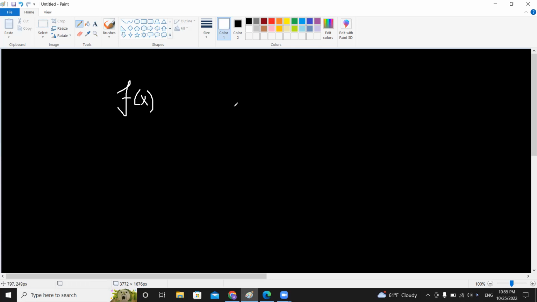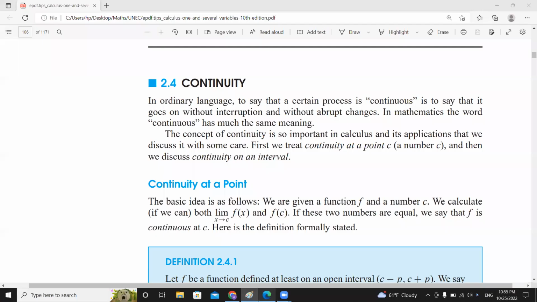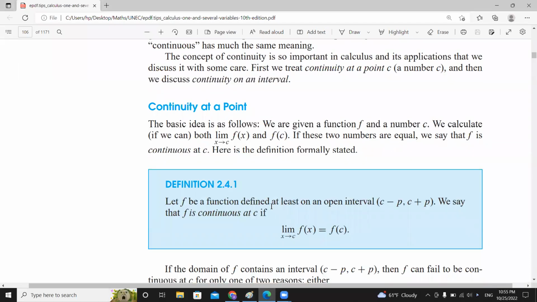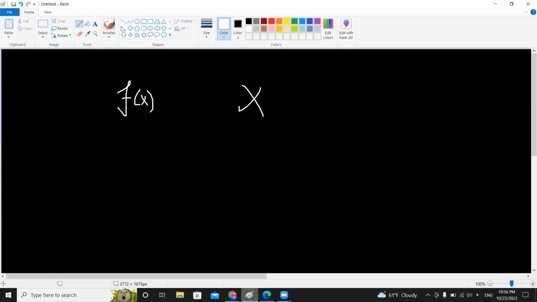So let's take a function f(x). It has some domain X. It's important to differentiate between x equals c that we talk about here and x equals c that was talked about in the limit section. In the limit section, we said that c need not be in the domain.